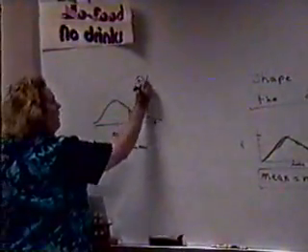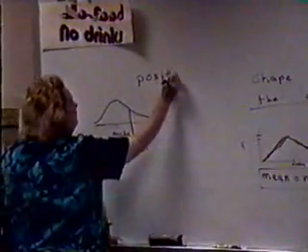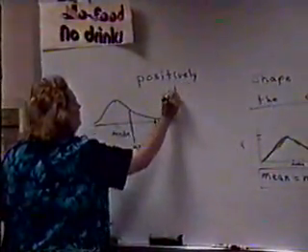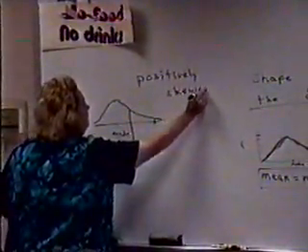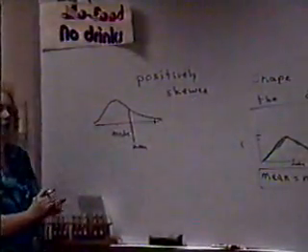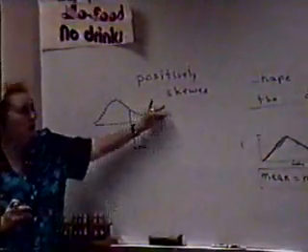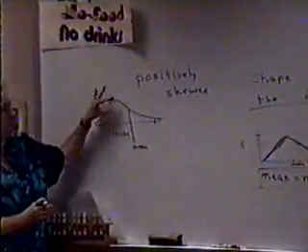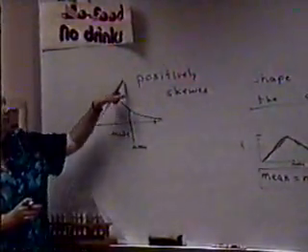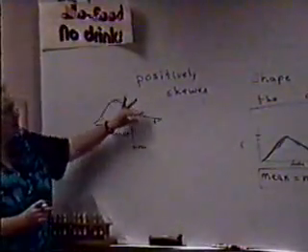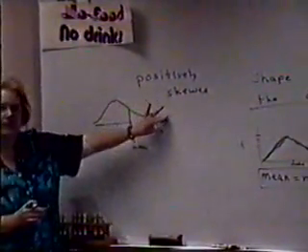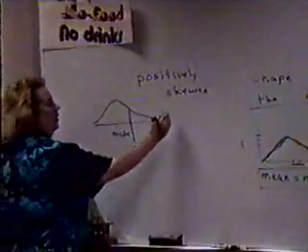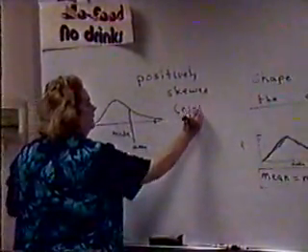This picture is called positively skewed. It's no longer symmetrical, it has been pulled off to one side. That's what skewed is. It's pulled to one side. And positively skewed is in the tail. The longest end is on the right. This is called a right tail.